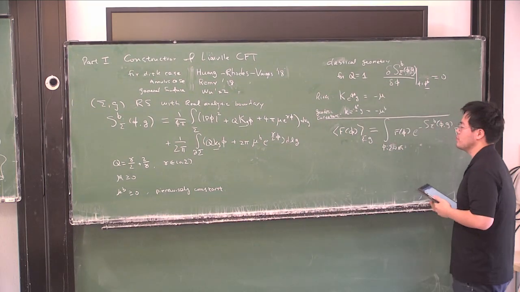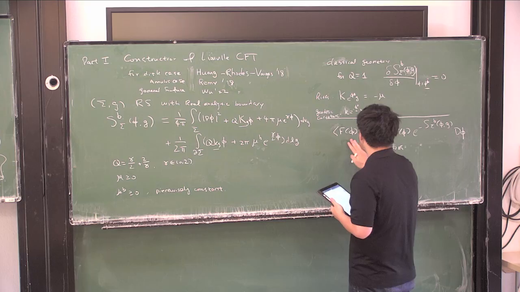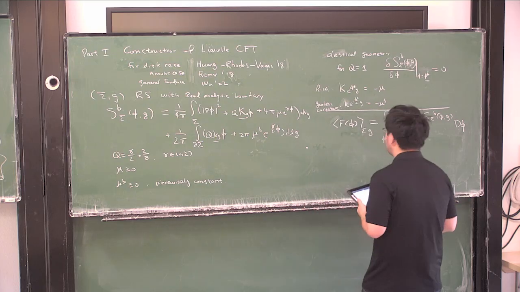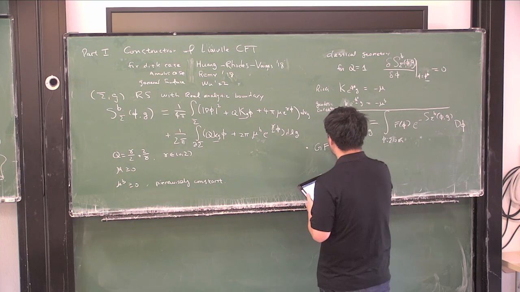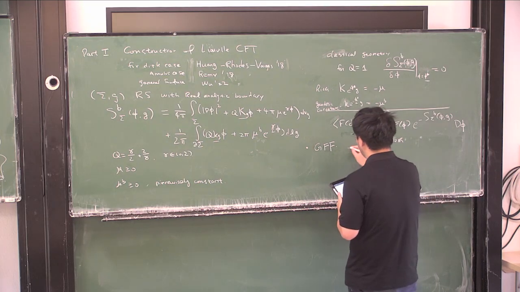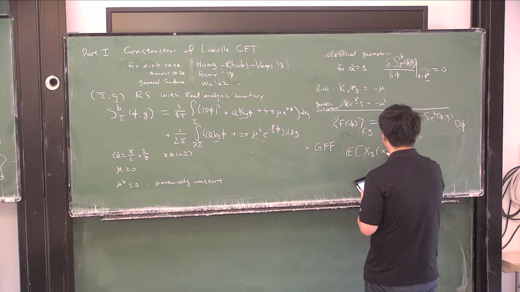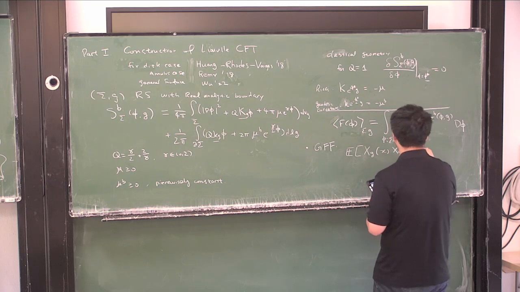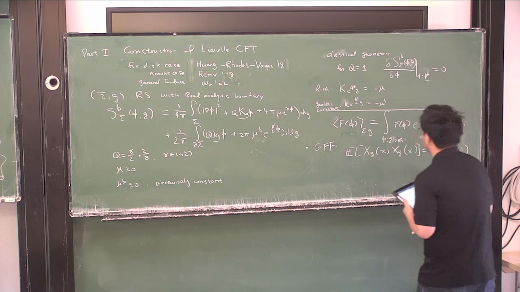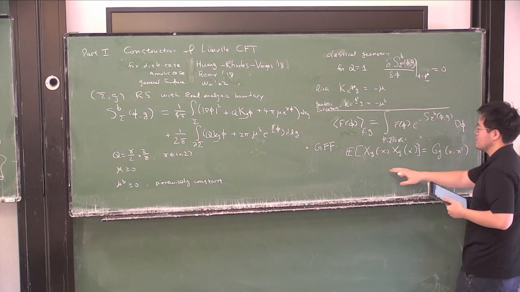To define this, we need to introduce some tools in probability. The first I want to introduce is the Gaussian free field. The Gaussian free field is formally some Gaussian process. I will not expand on how to introduce this in some Sobolev space.